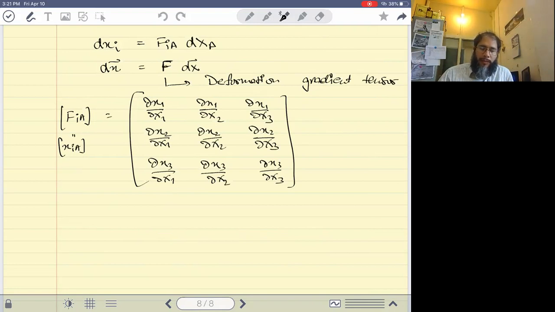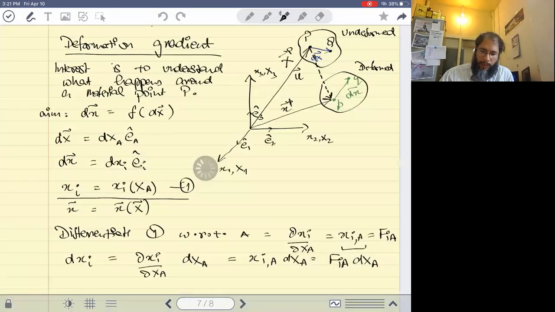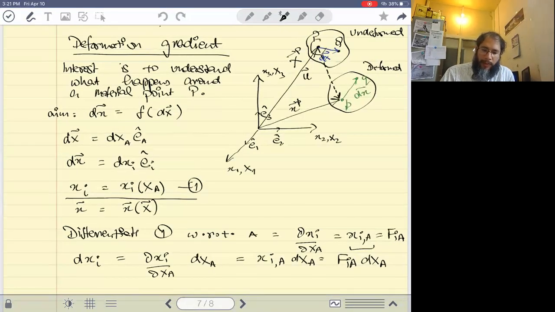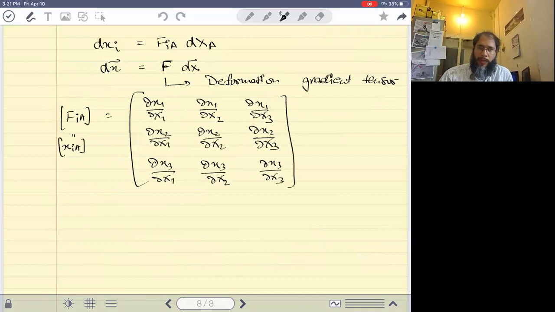So now you can see that if I give you the value of this deformation gradient tensor at a given point P, let us go back and see what we're doing. We were trying to calculate this deformation gradient for a point capital P. If I give you the deformation gradient tensor for this deformation, then you can write any vector around capital P in the undeformed configuration in the deformed configuration.